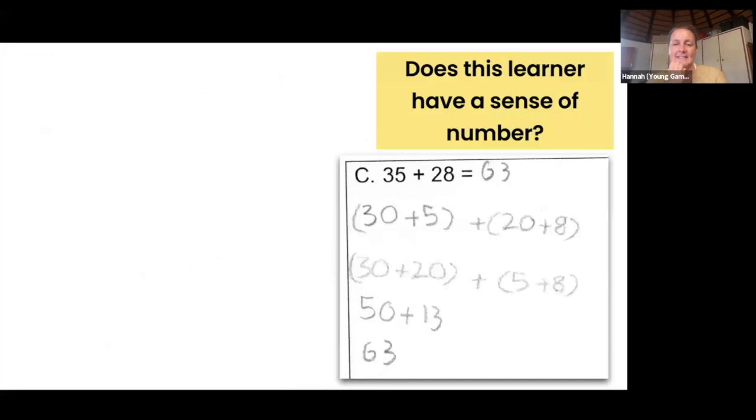So here's a question. Does this learner have a sense of number? I'm going to wait this out in the chat for somebody to be brave enough to commit. If you were a teacher assessing this grade 3 learner, would you say they have a sense of number? Would you be happy?